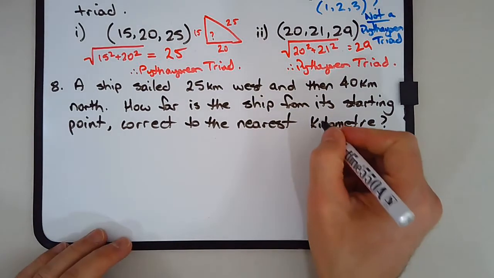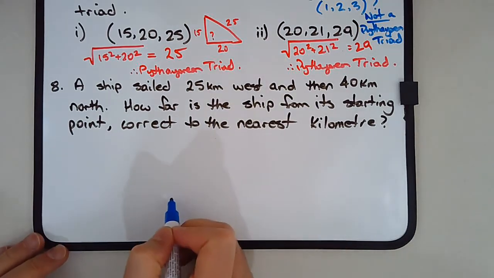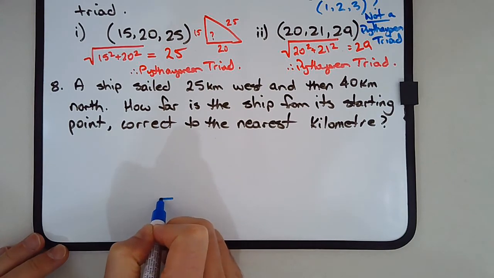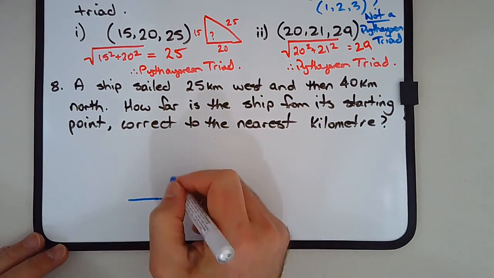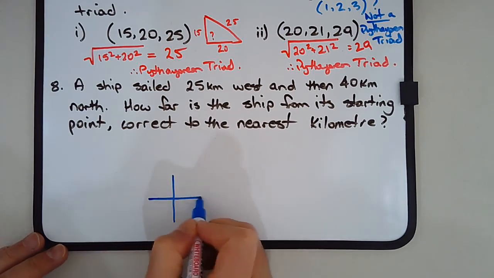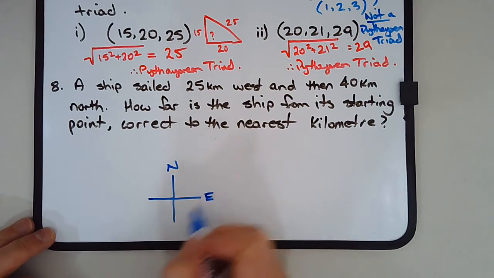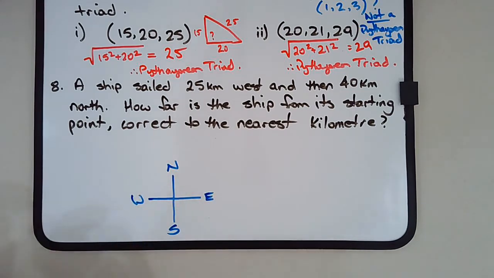Okay, so first of all, why don't we draw a diagram to see what's going on here? I might actually draw a compass rose first, so you can see what's going on. There's north, east, south, and west.